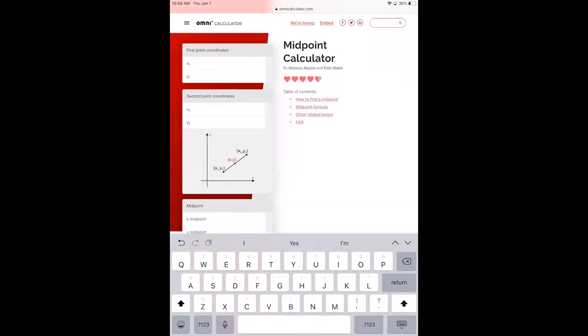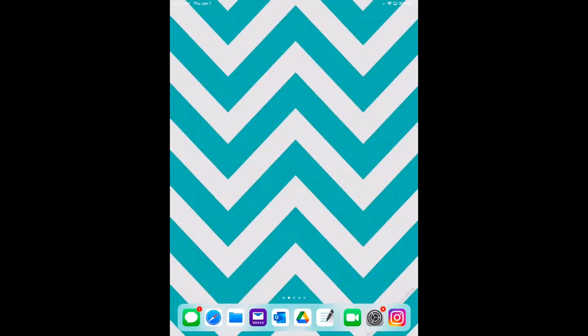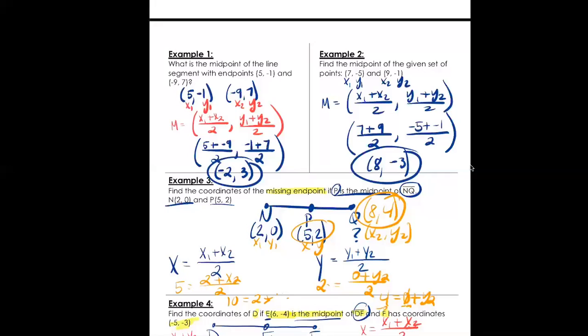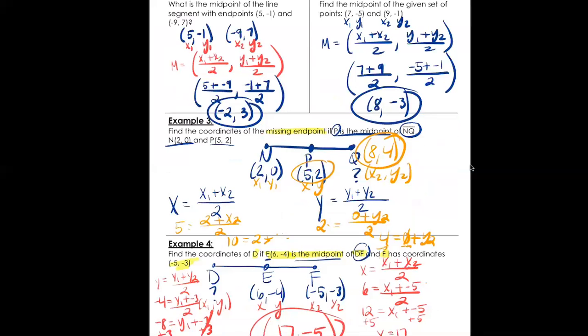Remember, let's go back to it real quick. Remember in example 3, they gave you the midpoint, but they didn't give you one of the endpoints, okay? They told us that the endpoint is 2, 0, and the midpoint is 5, 2. So I'm going to use 2, 0 for my x1 and y1.